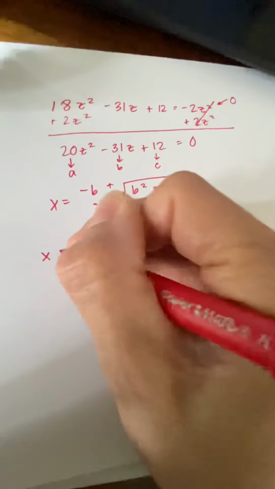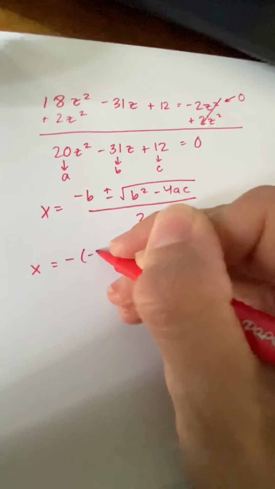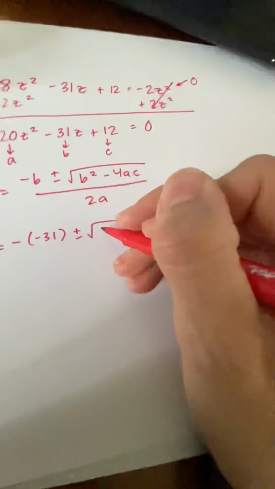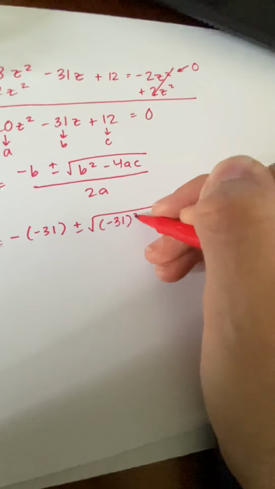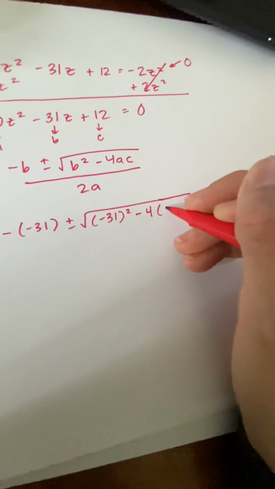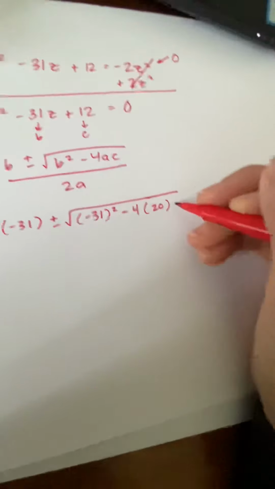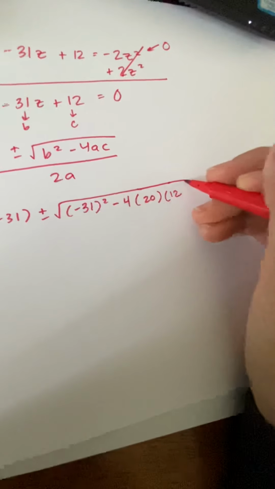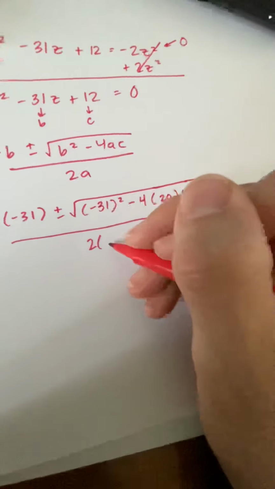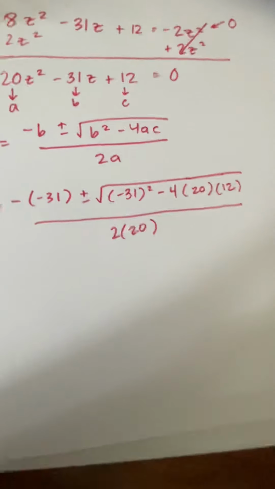And I will have x equals the opposite of b. So the opposite of negative 31 plus or minus the square root of, in parentheses, negative 31 squared minus 4 times 20 times 12, because it's a and c, over 2 times a, which is 2 times 20.